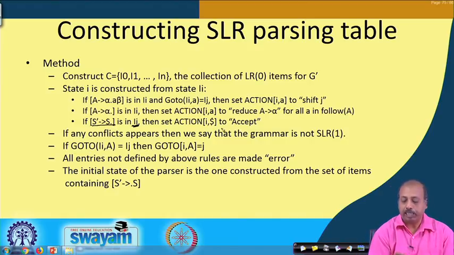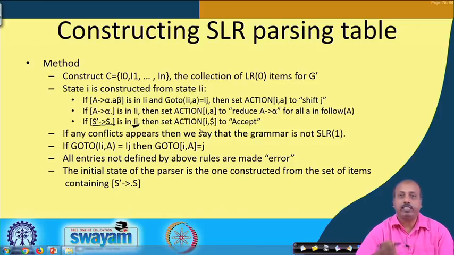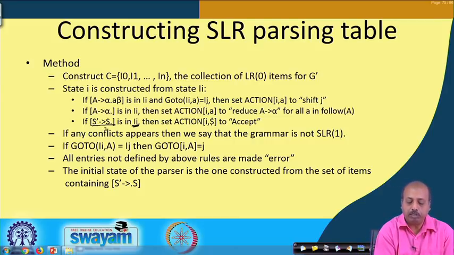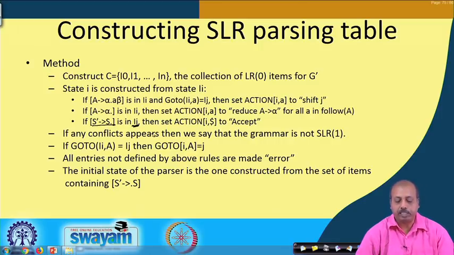Action[I, dollar] means I am currently in state I and the next input symbol is dollar. So, the input string is also exhausted and I am trying to do this reduction. That is naturally the accept state.